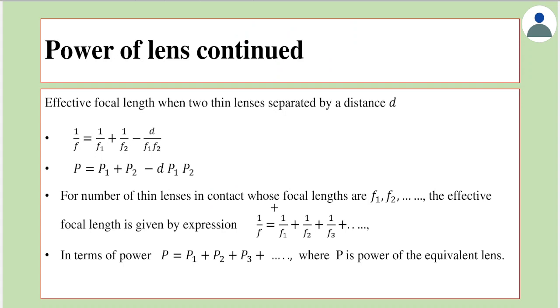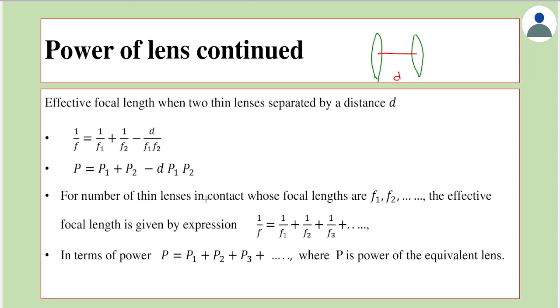Now we'll take a general case where we have two lenses with focal lengths F1 and F2, but in this case the lenses are not touching each other, rather they have a separation between them that we call D. So D is the separation between the two lenses.